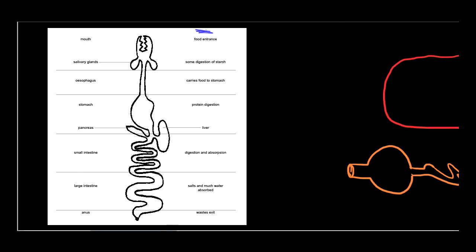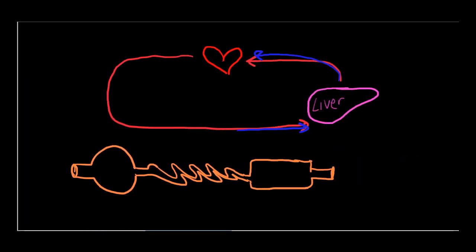So let's talk about the function of the GI tract. In general there are five broad functions.